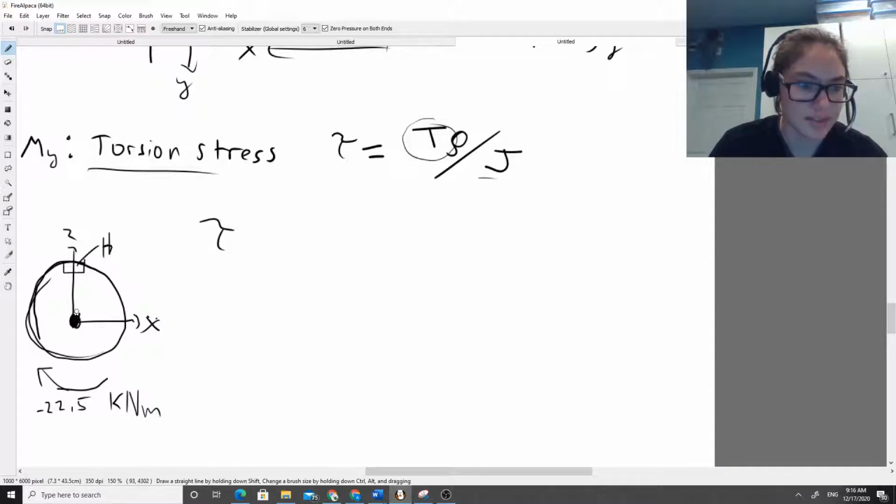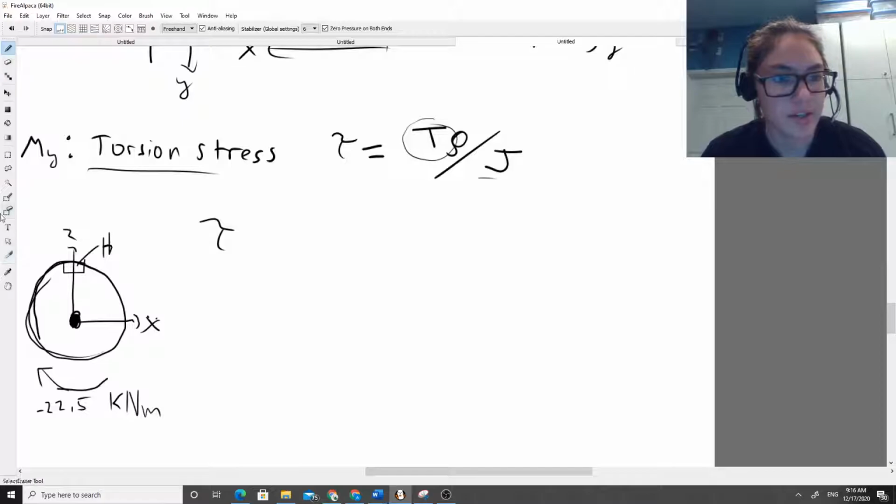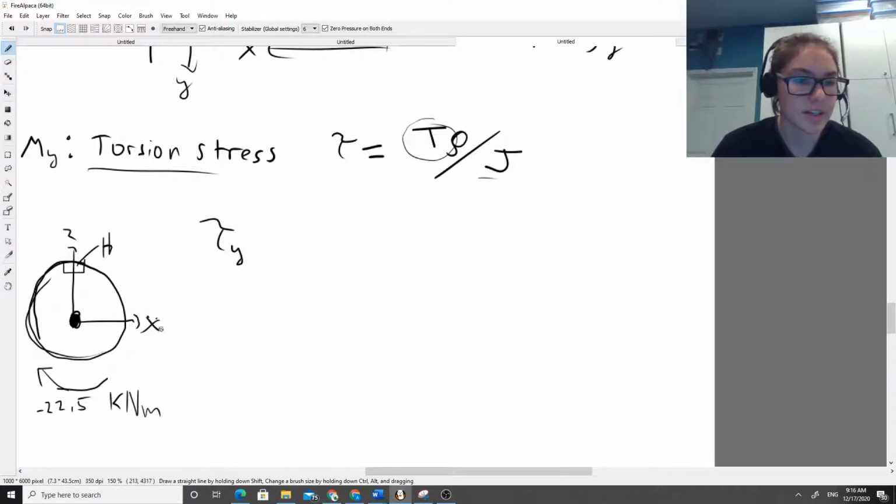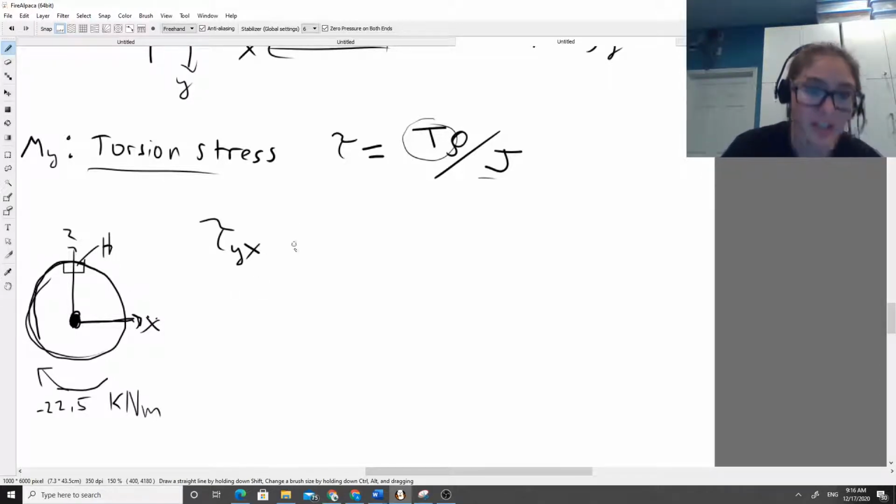This is the y-axis, right? It's just a dot, kind of coming out of the page or going into the page, whatever you think. So it's coming from the y-axis, so we say y there, and it's going to be pointing towards the direction that the point actually isn't on. So it's going to be directly towards x. So this is going to be on our xy plane. This shear stress is going to be acting upon our xy plane and no other plane.